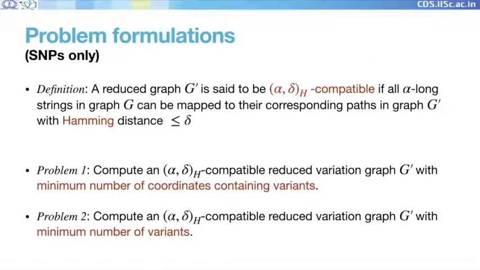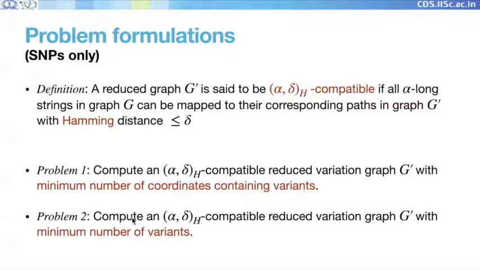Here are the problem formulations for graphs which only contain SNPs. A reduced graph is said to be alpha delta compatible if all alpha long strings in graph G can be mapped to their corresponding reduced graph G dash with Hamming distance at most delta. In problem 1, we seek an alpha delta compatible reduced graph with the minimum number of positions containing variants.